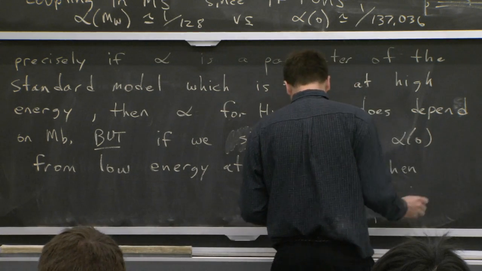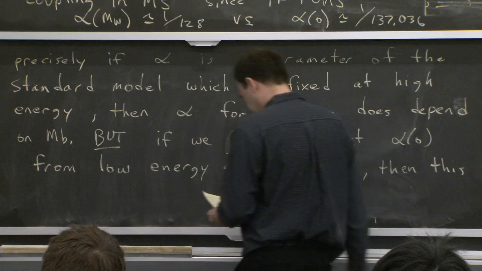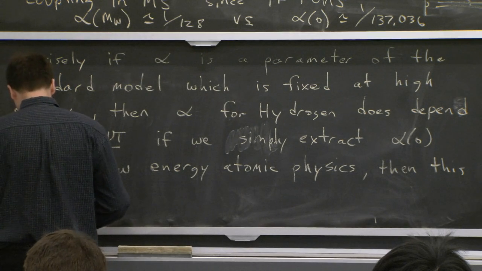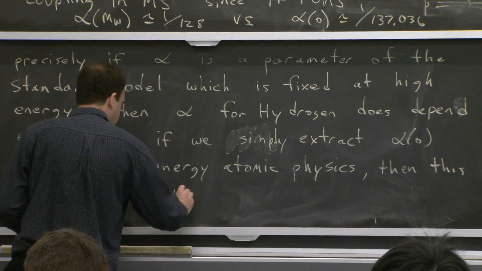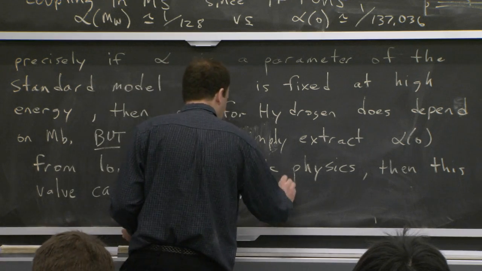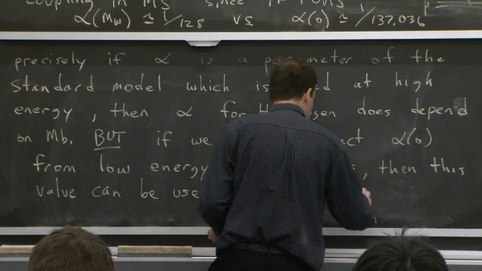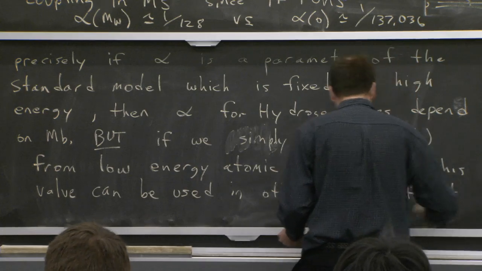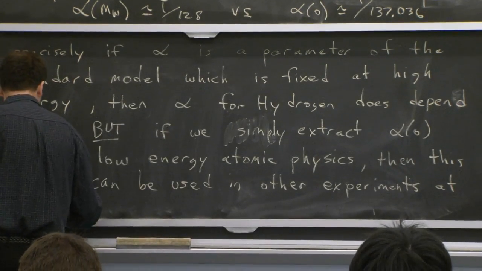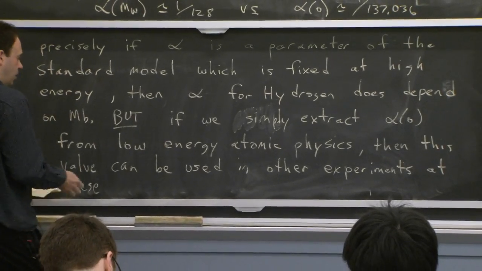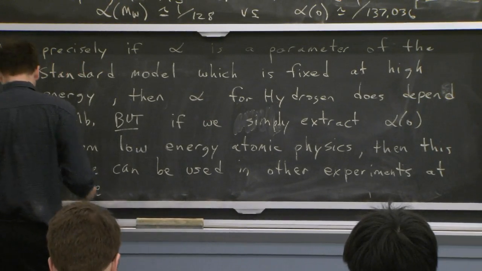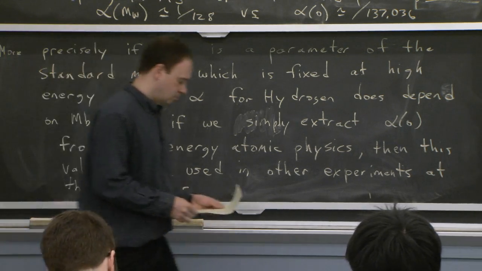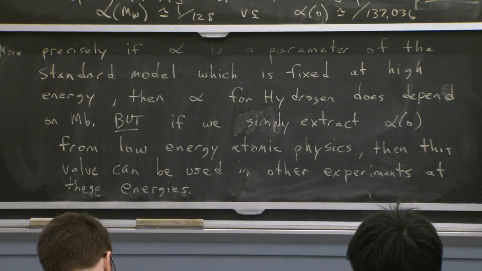And if that's the way that we define the parameter, then the value can be used in other experiments, and we never had to know anything about m_b. So we didn't really have to know about the higher energy theory unless we were actually doing some experiments up there. Are there any questions about that? Good.